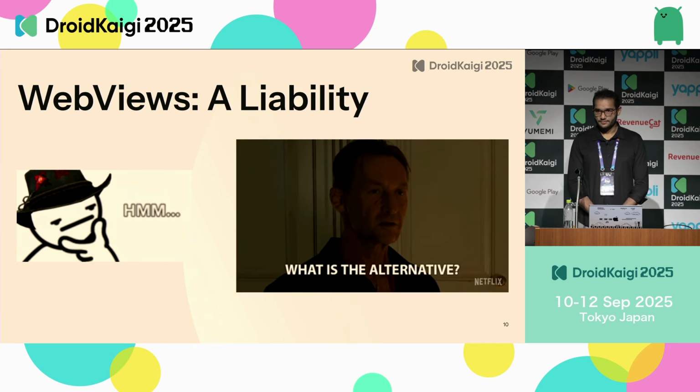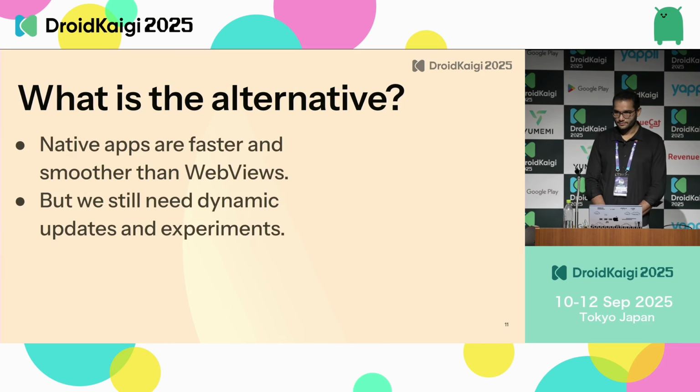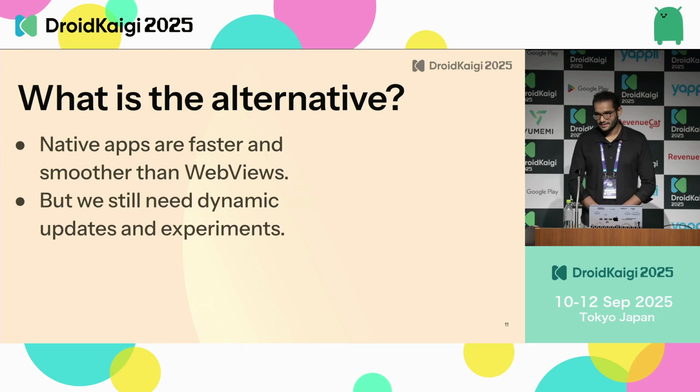So what's the alternative? Let's discuss the alternative. In my opinion, as a native Android developer, native should be the first choice because they are smooth, they are modern, they are secure, they are closer to your OS.